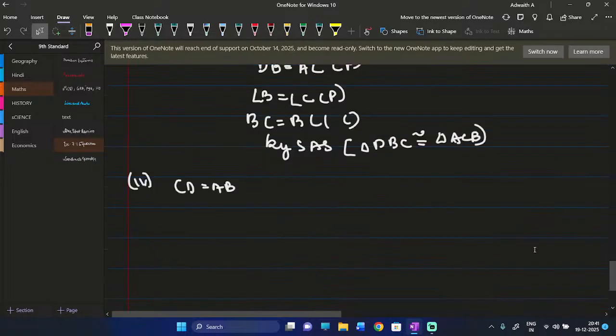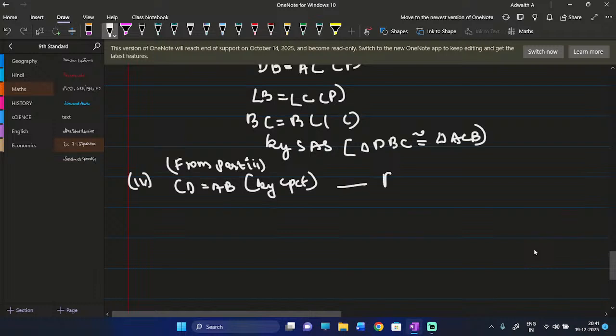And now we have to prove that CM is equal to half AB. So CD is equal to AB, we know by CPCT. We derive from, you can write like this, from CD.